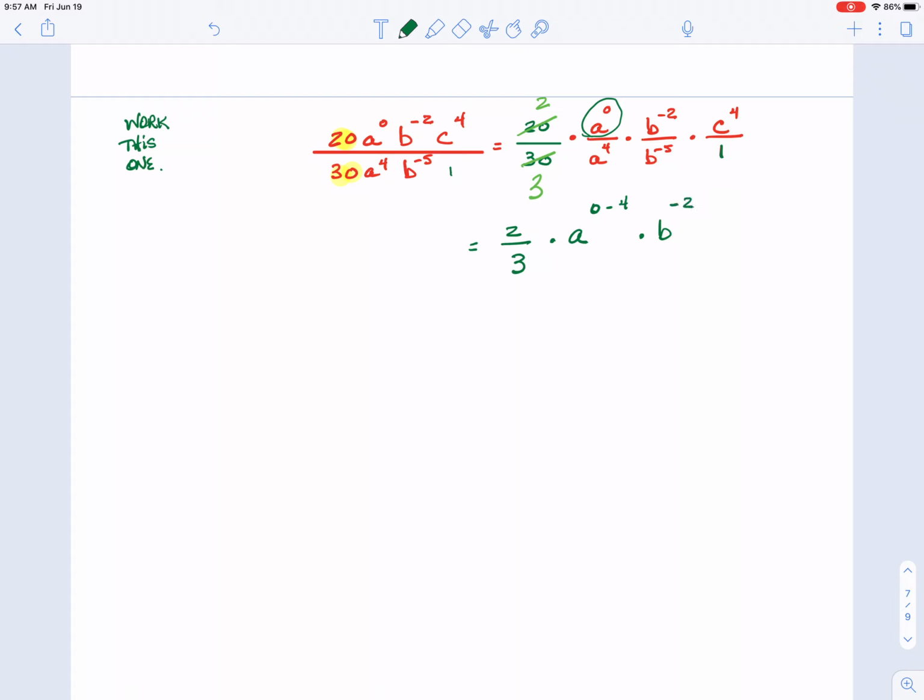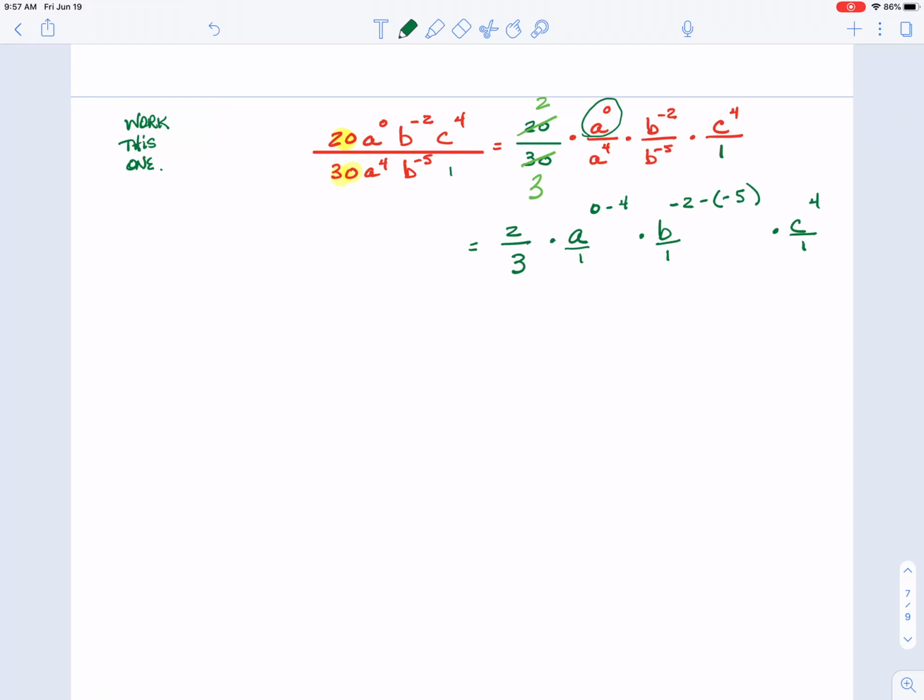The base B, I'm starting with the -2, and I'm subtracting the -5. There are going to be some sign changes there. And this C to the 4th, I'm just going to copy that down because there's no work for me to do there just yet. And notice when you do this using the quotient rule, there are actually 1s up underneath those base A and base B's.